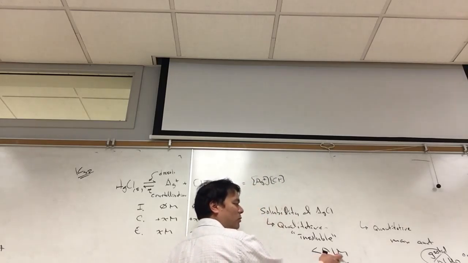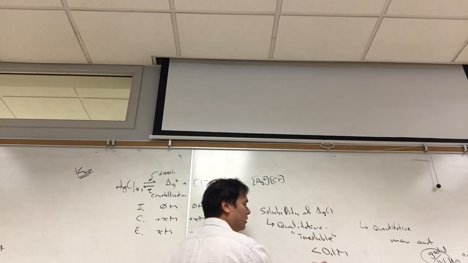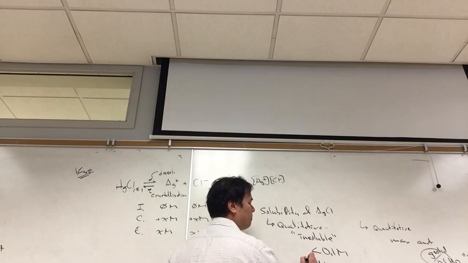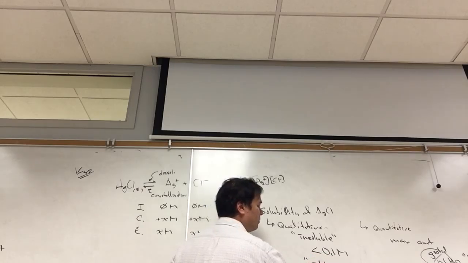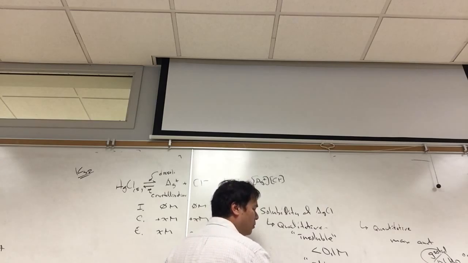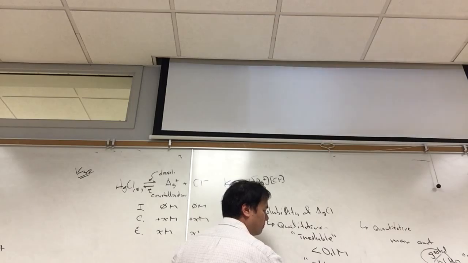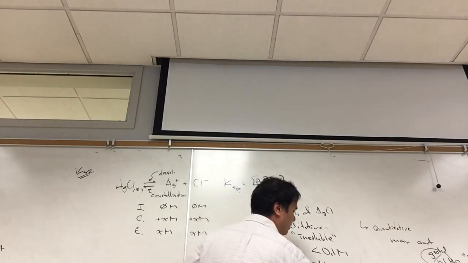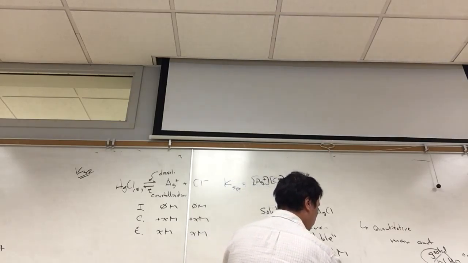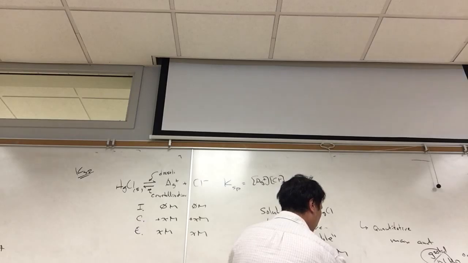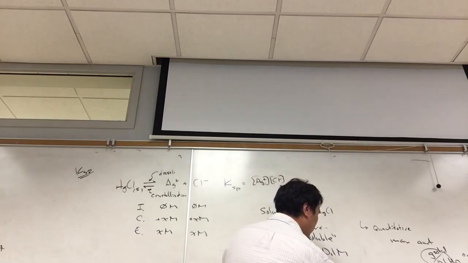Is it less than 0.1 moles per liter, or is it more than 0.1 moles per liter? Because if it's less than 0.1 moles per liter, we call it insoluble. If it's more than 0.1 moles per liter, we call it soluble. Soluble is greater than 0.1 moles per liter. If it's about 0.1 moles per liter, we call it slightly soluble.